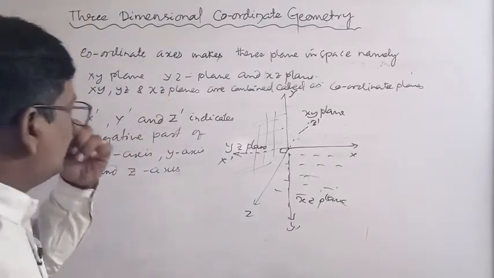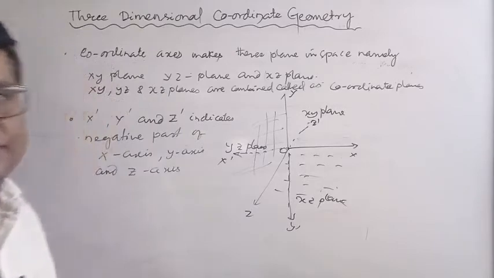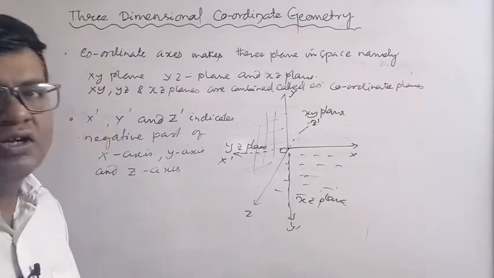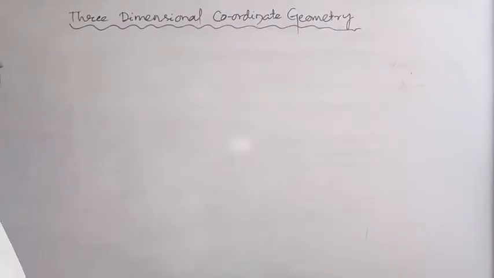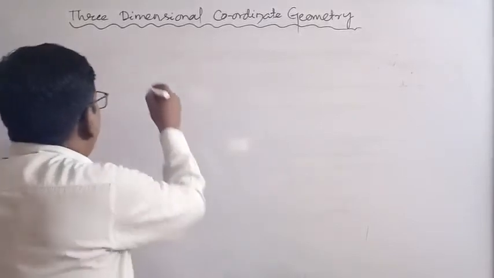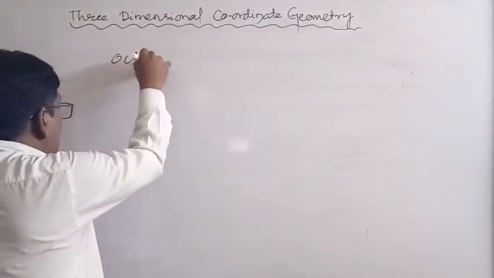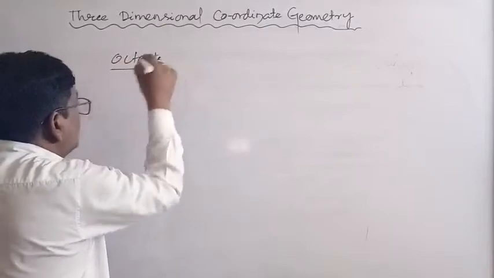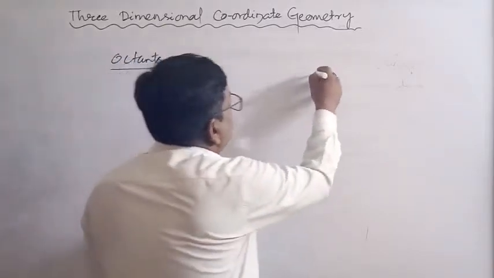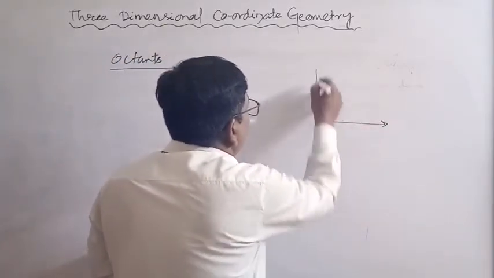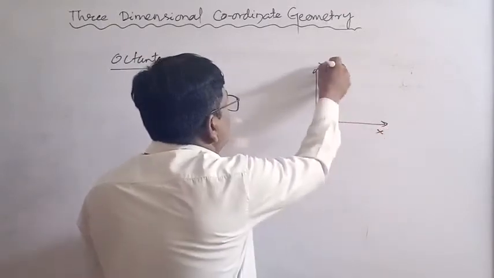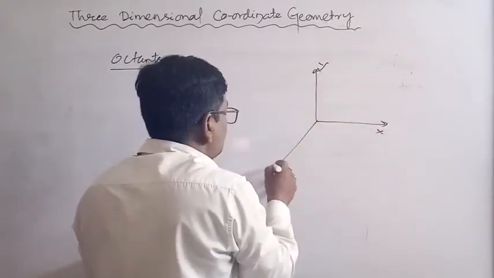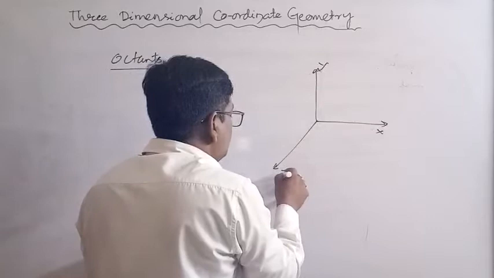Now we'll discuss the octants. What are the octants? This is the x-axis, y-axis and this is the z-axis.